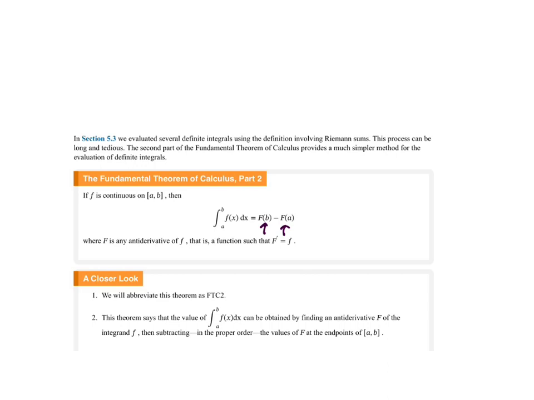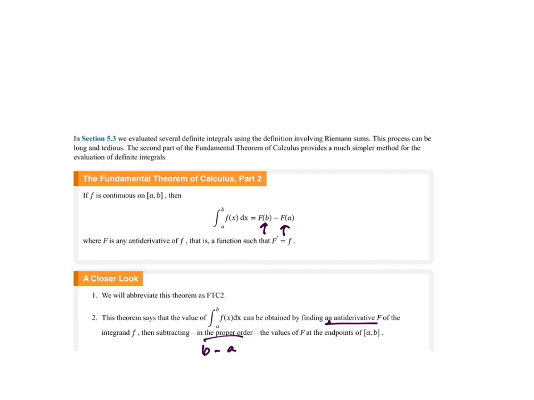The theorem says that the value of the integral of f of x dx on a to b can be obtained by finding an antiderivative of f, then subtracting in the proper order. Okay, this matters. We always do b minus a, big minus little, because those boundaries a to b on an interval are always listed from least to greatest.